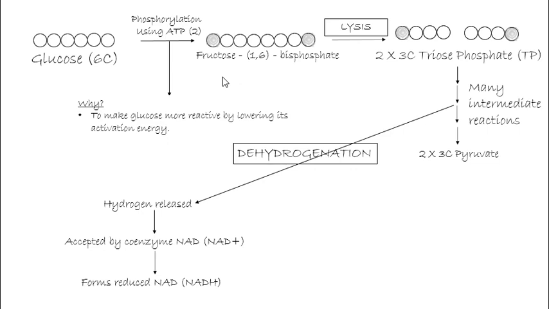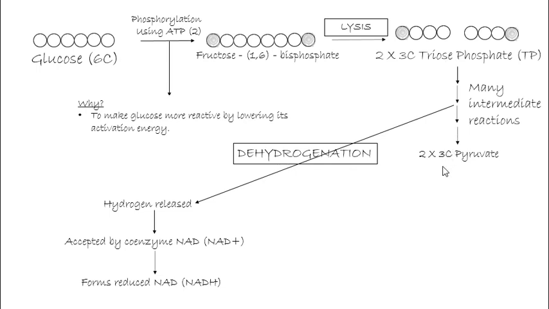Why is phosphorylation necessary? Now, if you consider glucose on its own or in its ground state, then it is generally or relatively an unreactive compound. But in this case, we need glucose to be highly reactive so that it can be split into several compounds before forming the ultimate product.